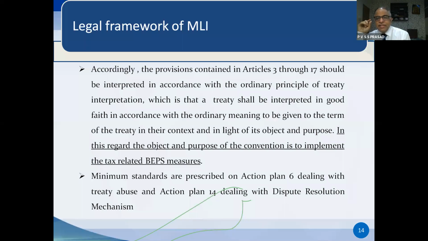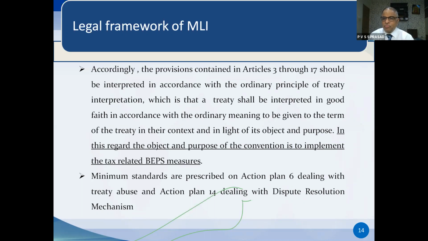Accordingly, for the interpretation of the articles of the MLI also, you will go back to the Vienna Convention. That is the normal interpretative process we follow. We have Article 26, which talks about the good faith principle, and Articles 30, 31, 32, supplementary means.